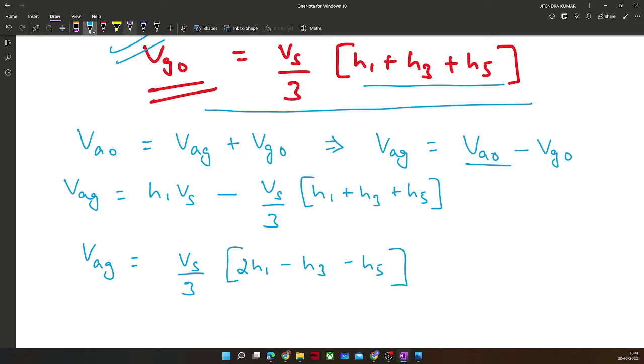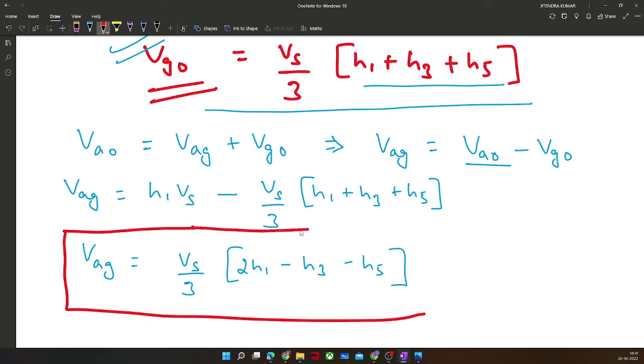So we computed VAG, if we know the switching function Fourier series of H1, H3, H5. So now you might have realized why that Fourier series of switching function was very important. If you just know this Fourier series of H1, you can easily shift by 120 degrees to get H3, and shift a further 120 degrees to get H5.